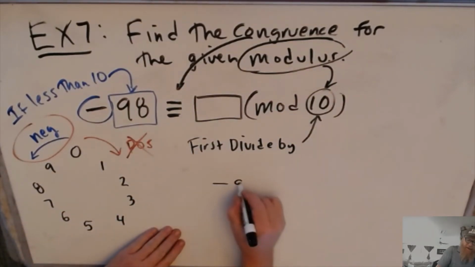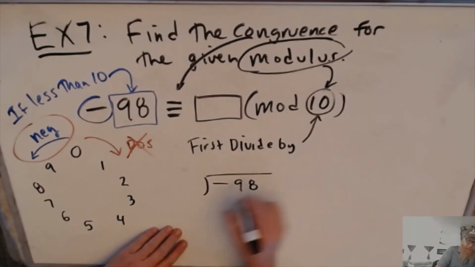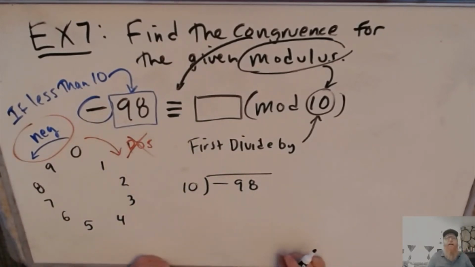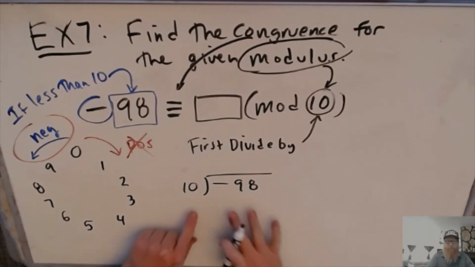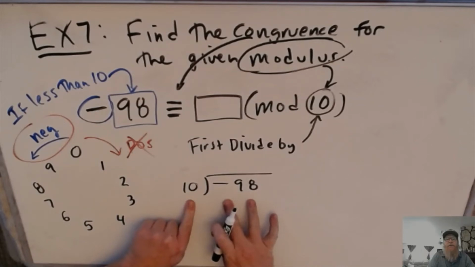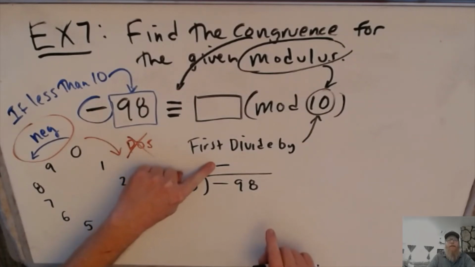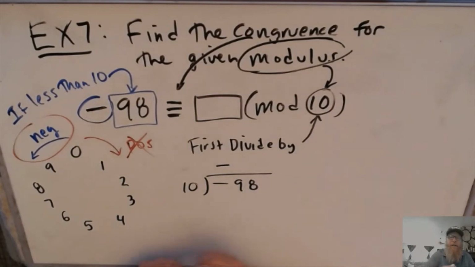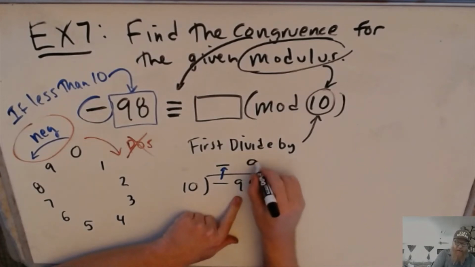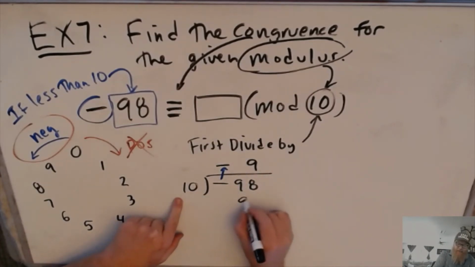So we have negative 98 divided by 10. I don't know if you've ever divided negative numbers using long division. Just bring the negative sign up here and treat it like ordinary division. So I've got 10 goes into 98 9 times. 9 times 10 is 90.